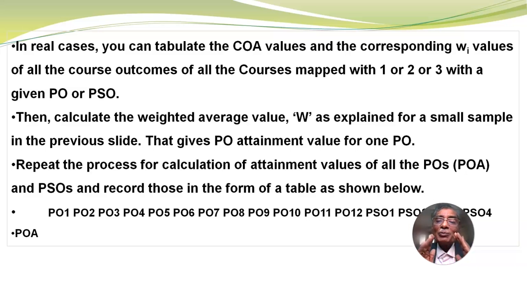That gives PO attainment value for one PO. Repeat the process for calculation of attainment values of all the POs, that we call POA, and PSOs, and record those in the form of a table as shown below. For all the POs and PSOs, so you calculate the PO attainment value as shown here.